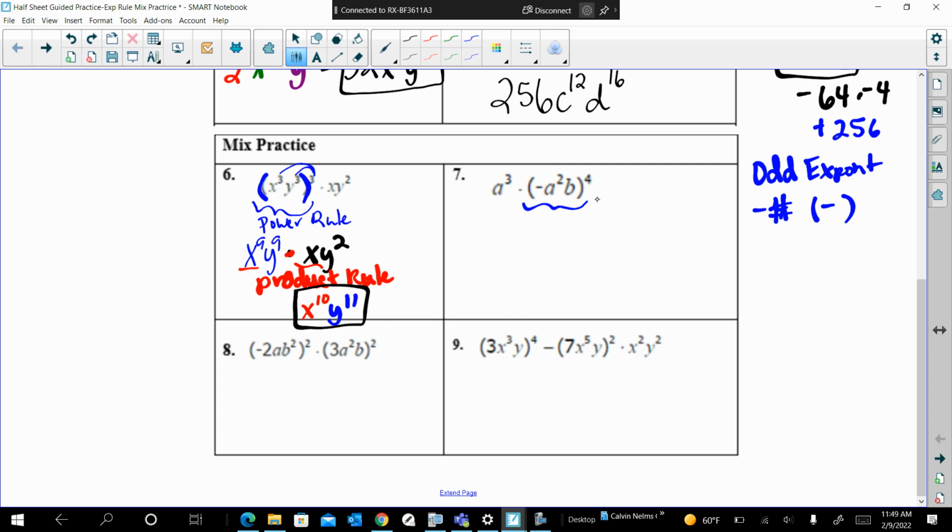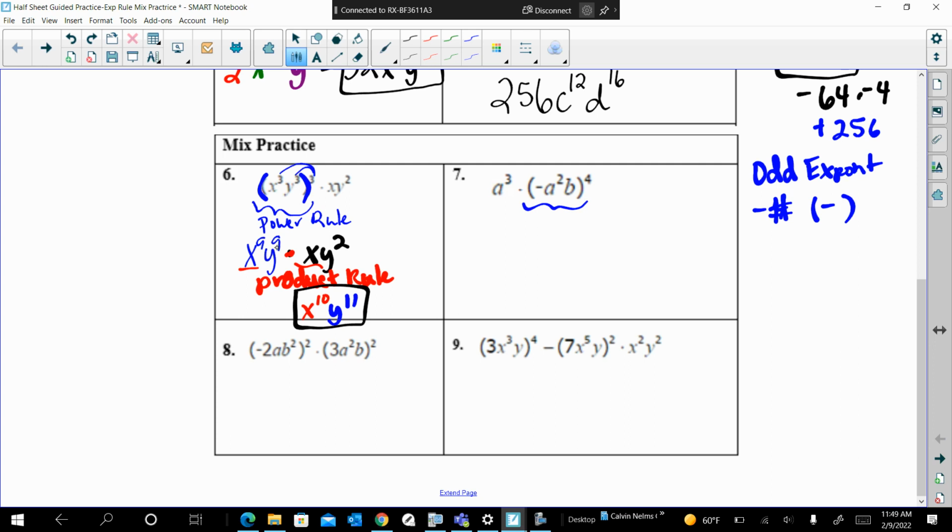When you start with the parentheses, you don't have parentheses anymore when you distribute the 4. I don't know if y'all noticed, but when I started with the parentheses here, there were no more parentheses, because I used the rule to get rid of them.